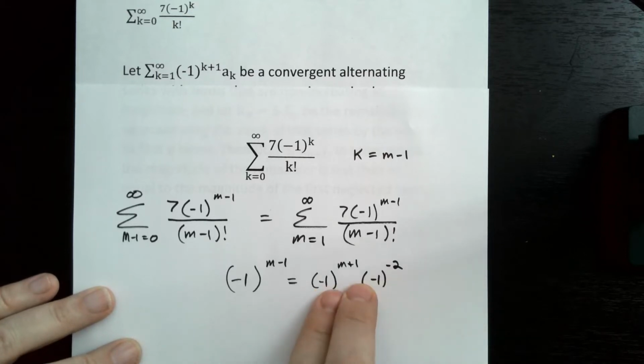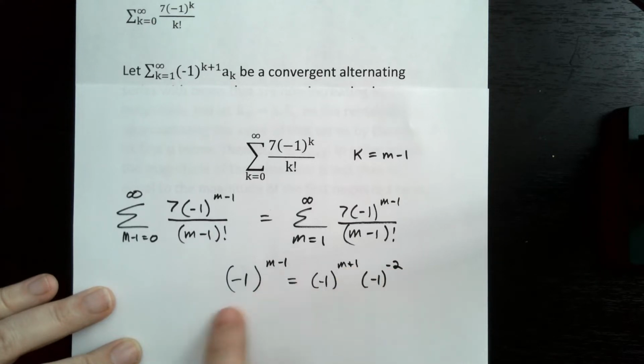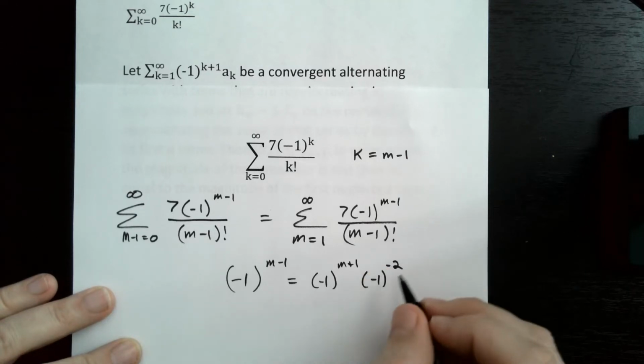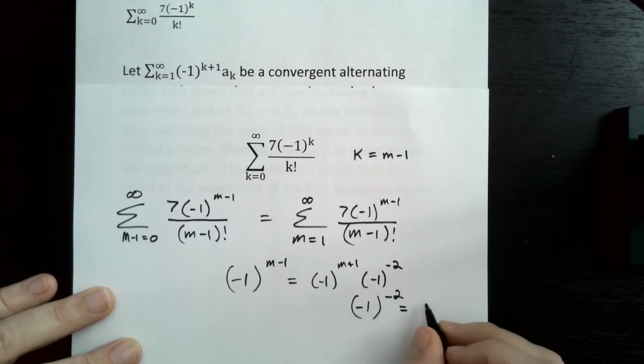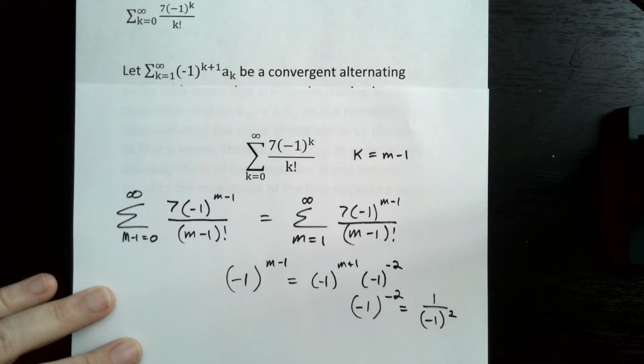If I combine these two back together, I would get m plus 1 minus 2, which is m minus 1. So the statement is true. But what is this? Well, negative 1 to the negative 2 power is the same thing as 1 over negative 1 to the positive 2 power, which is 1 over 1, which is 1.